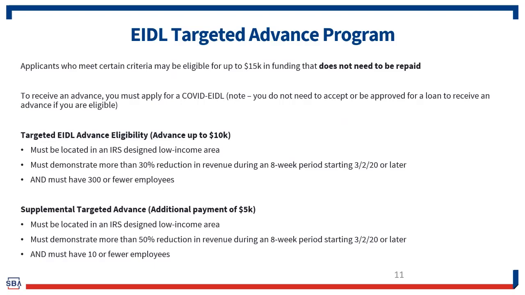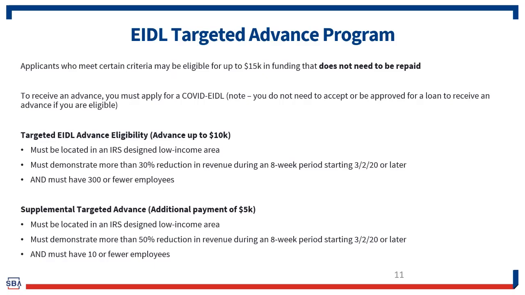Keep in mind, though, if you are applying and you don't have any interest in getting a loan, you're just trying to get the targeted advance program grant, you still have to apply. If you are approved for the COVID loan, you don't have to take it, or you can take some amount of it, but you don't have to take the full amount or any of it if you don't want to. If you're declined for the actual loan portion, you might be able to still get that grant. So receipt of the grant is not contingent upon approval of the loan, if that makes sense.